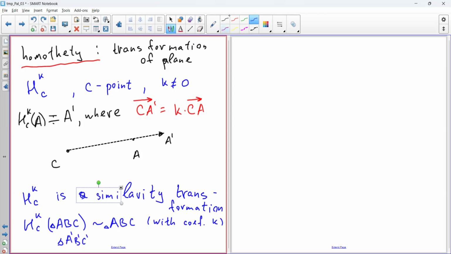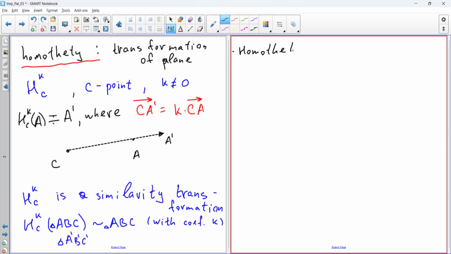Okay, what properties are well known about homothety? Homothety preserves straight lines and directions.